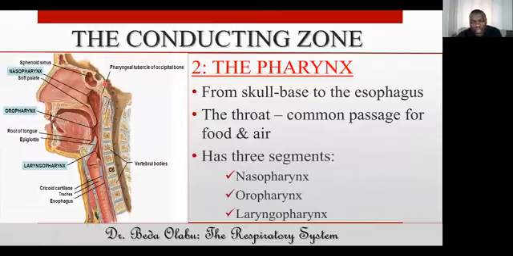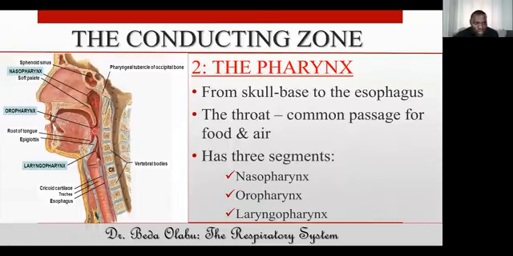There are three segments of the pharynx. We name them according to the anatomical region that is in front. For example, the anatomical region in front of this region is the nose. So we call this one the nasopharynx.